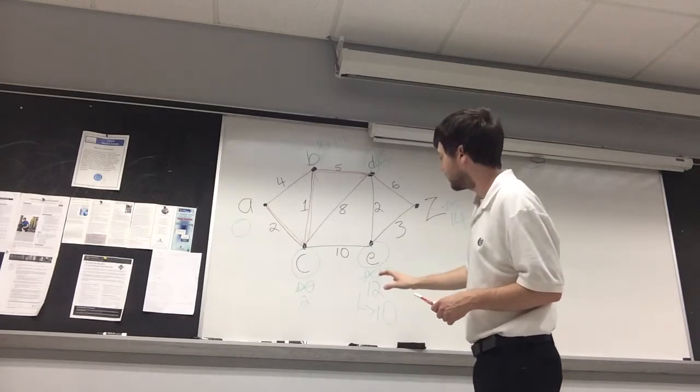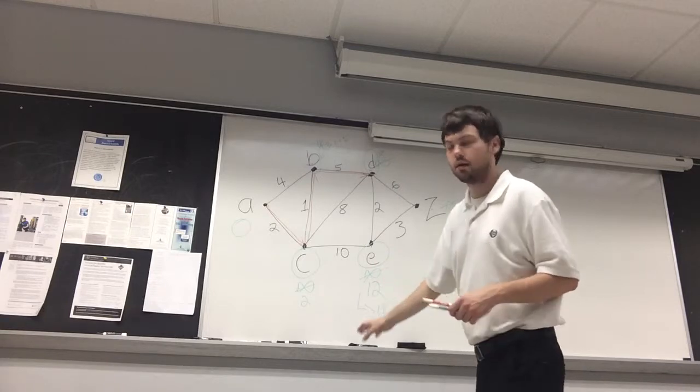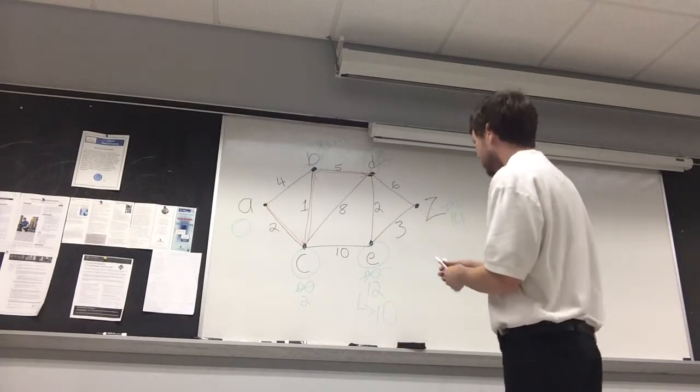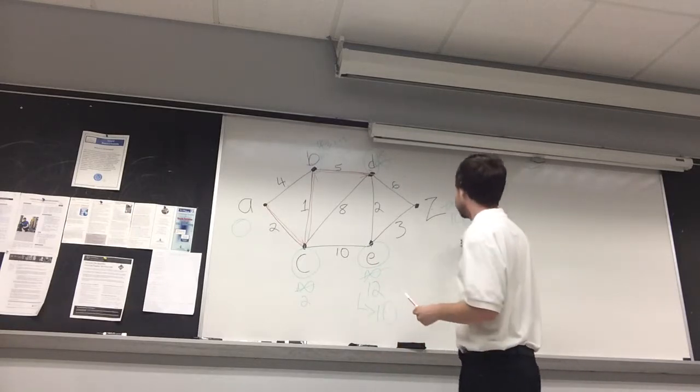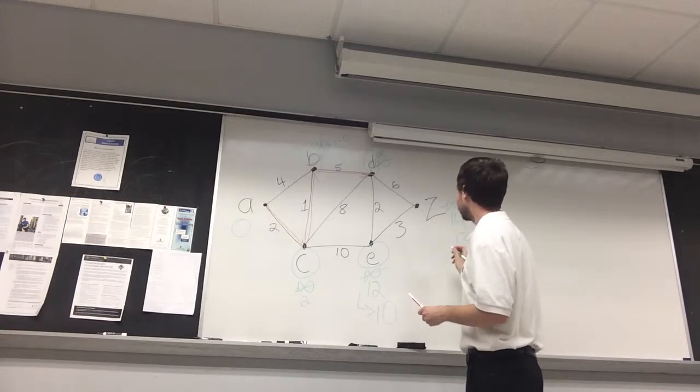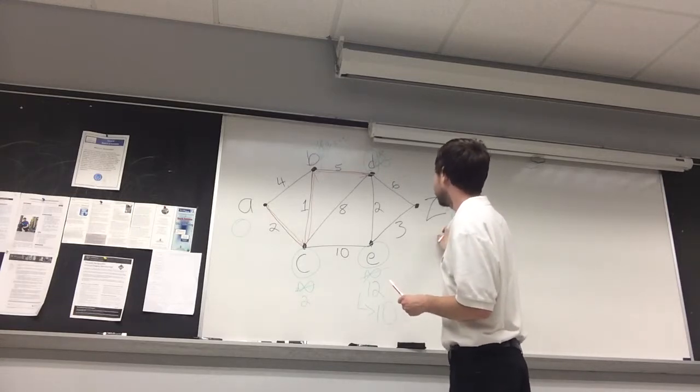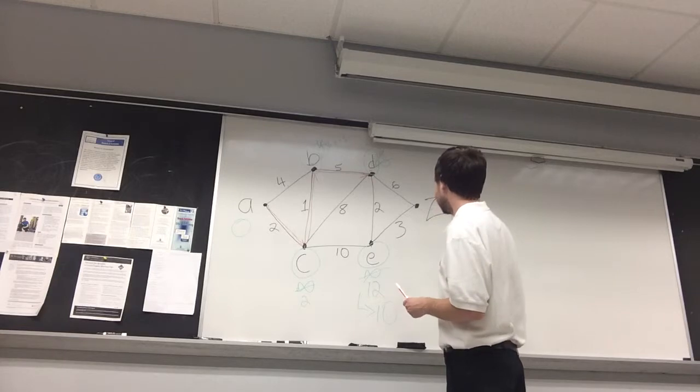So if we add the current weight of E plus 3, which gives us 13, that is less than the current path to the destination Z.